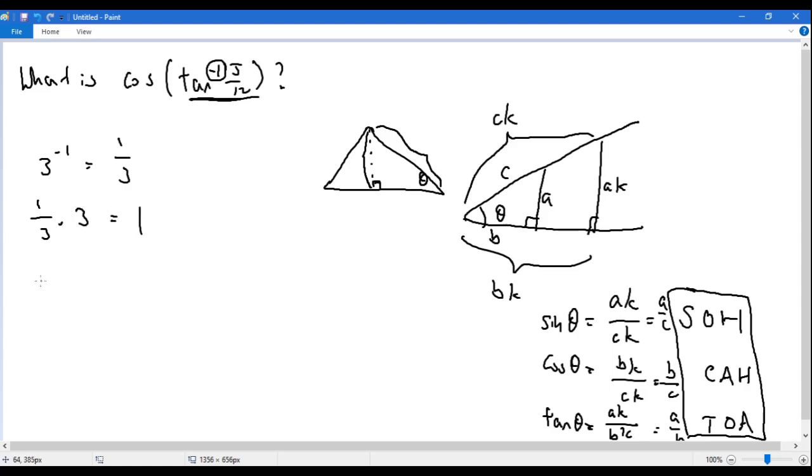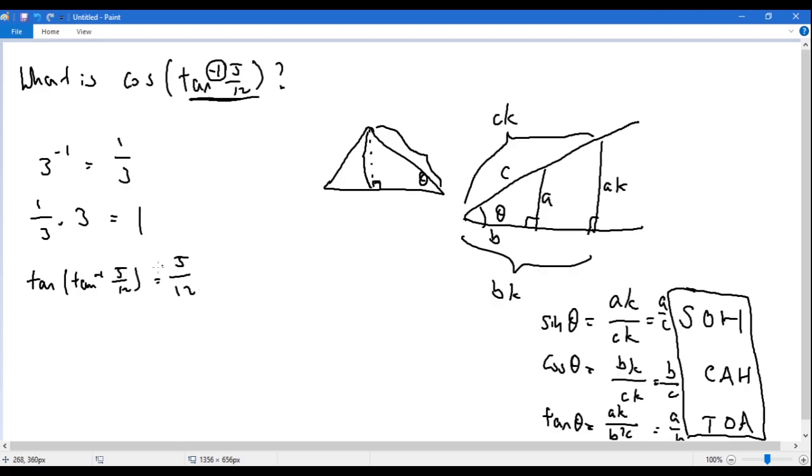So in this case, if you take tangent of the arctangent of 5/12, you just get back 5/12. So it's just the opposite of the tangent, and there's one for all of them. There's an inverse sine and there's an inverse cosine.